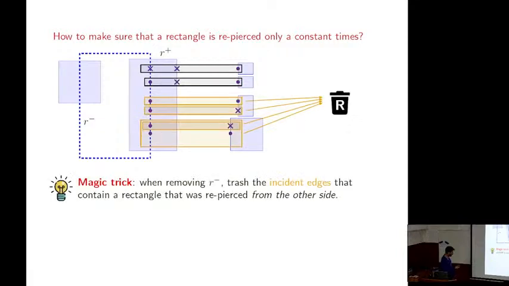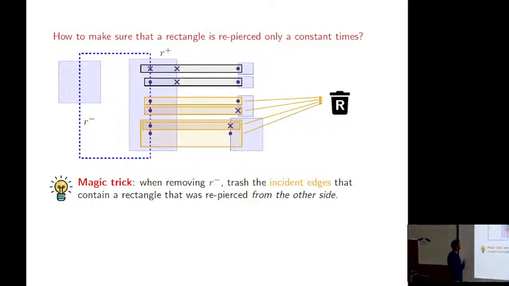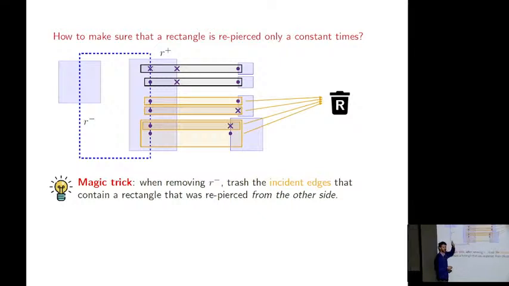But the magic trick here to make sure that a rectangle is not repierced 2 times is that when we have these edge rectangles, we will trash some of them, and we will put them in a special trash. So what is the criteria to put them in the trash?